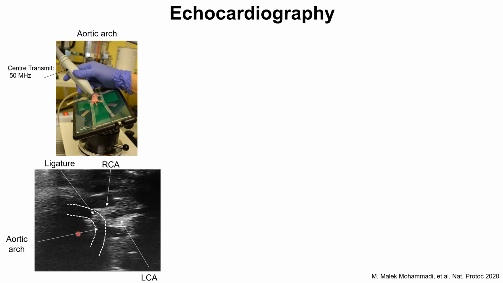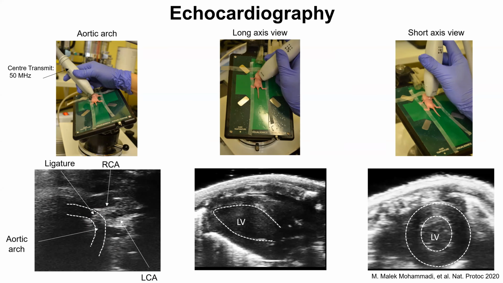And if it is in an appropriate place, it might be that it is too loose to induce pressure overload. You can also use the ultrasound device to check the cardiac function at different time points of your surgery. For example, you can use B mode to visualize and record a few long and short axis views of the heart.